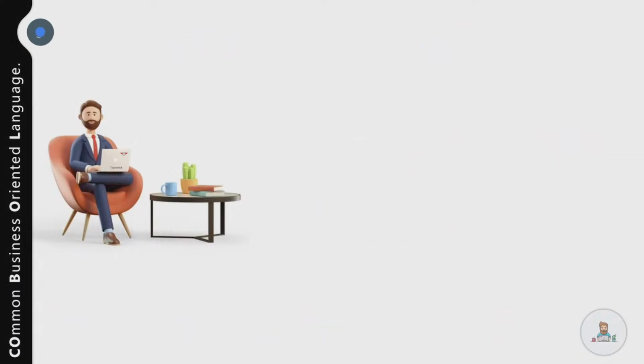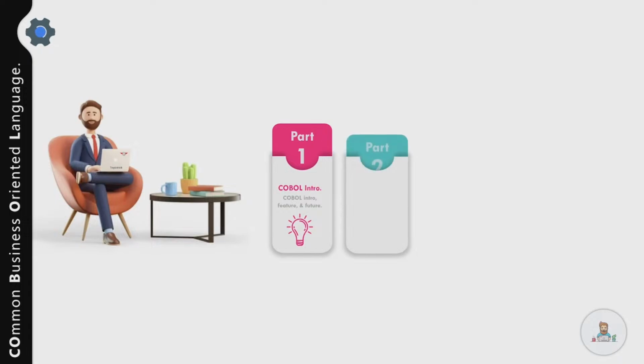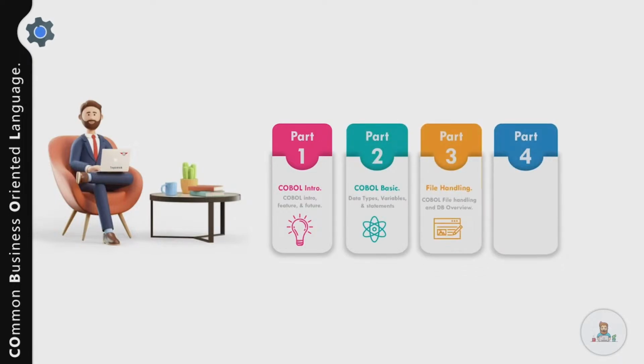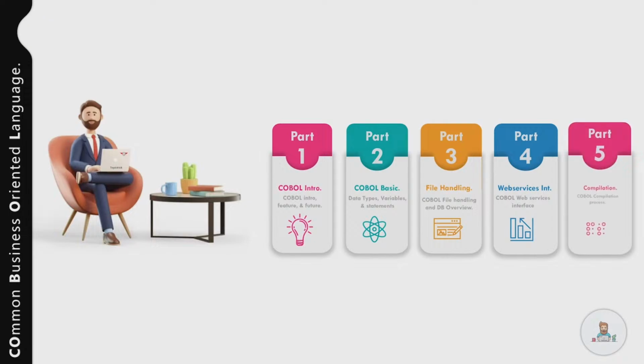Now let's deep dive into the overall structure of the course. This course is divided into different sections, and each section focuses on a specific aspect of COBOL programming. So we start this course with Introduction to COBOL, followed by a brief history of COBOL and the future of COBOL. After that, we will deep dive into the overall structure of a COBOL program. That means what are the different divisions and what is the significance of each division. Thereafter, we'll talk about how to define variables and data types in your COBOL program.